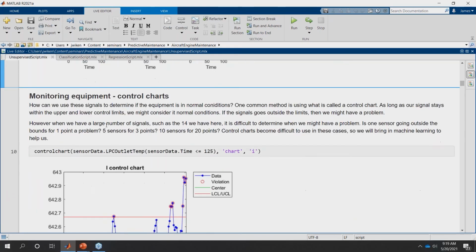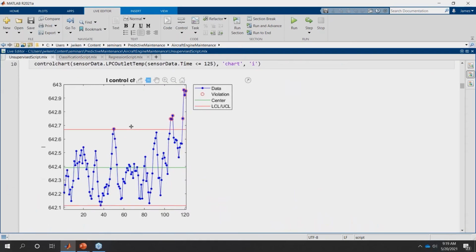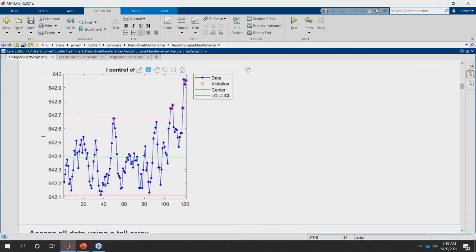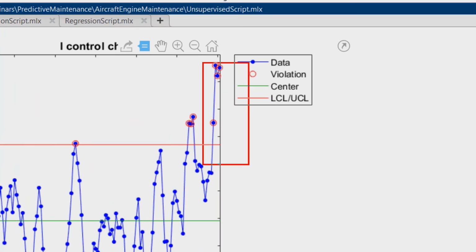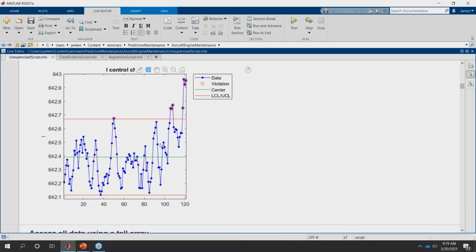But looking at these things where you see, oh okay, they change over time, couldn't I just do something like a control chart, where I've got upper and lower control limits, and say that if it goes outside that limit for some amount of time, say 5 in a row, then I just flag it? That's a fair idea, but there's a couple of issues with it.